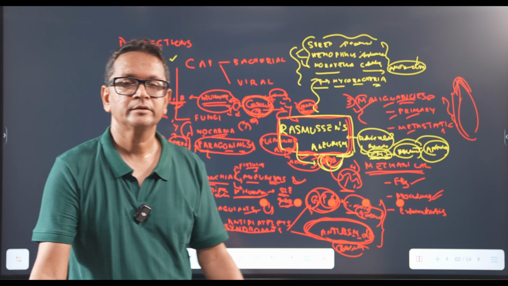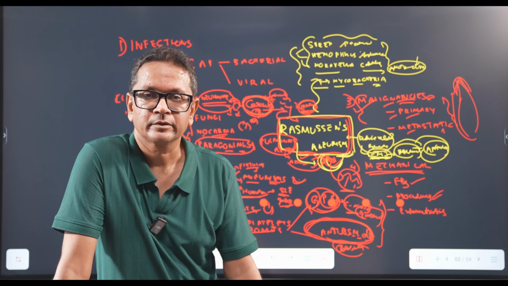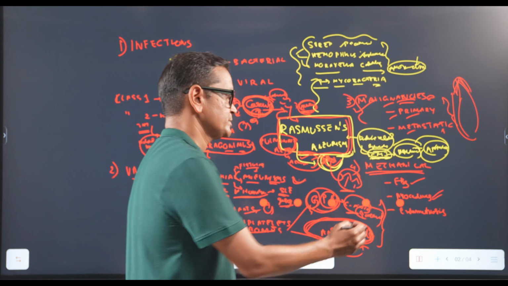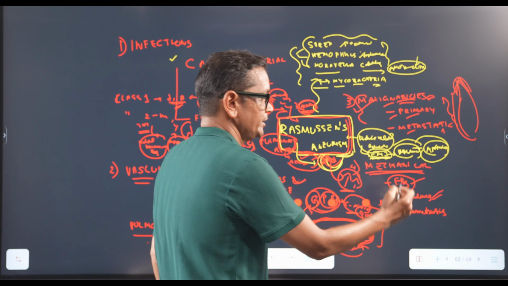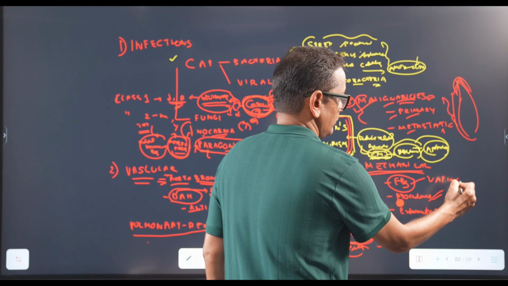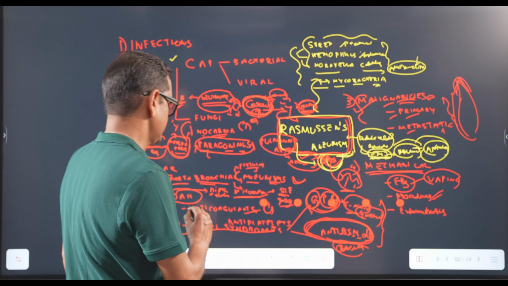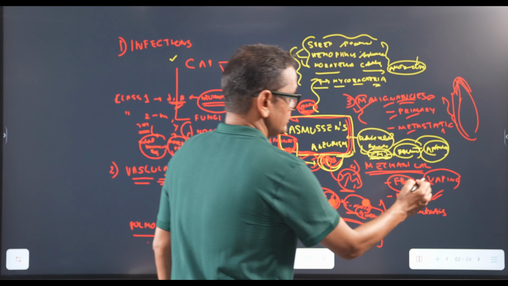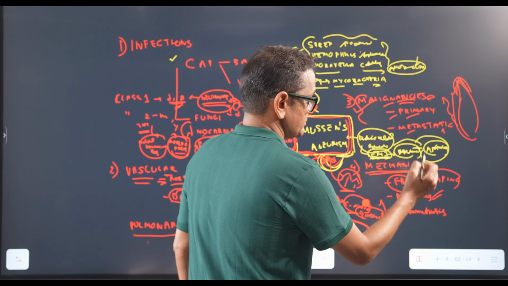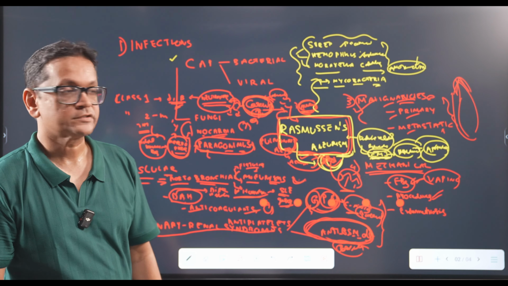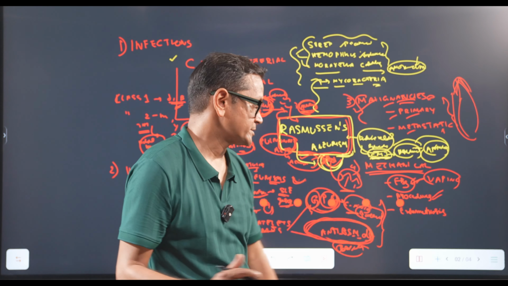We'll go to the next point, that is mechanical causes, happening especially in children and young adults. One is accidental or intentional inhalation of foreign bodies. Vaping can produce diffuse alveolar hemorrhage. Sometimes solid substances can erode through bronchial walls and lead to hemoptysis.